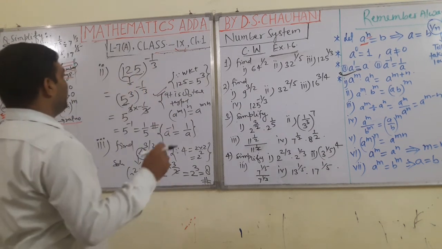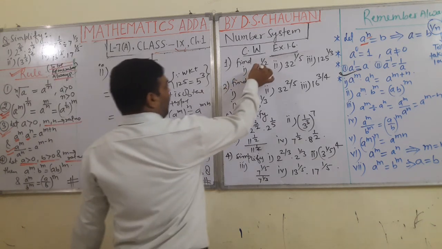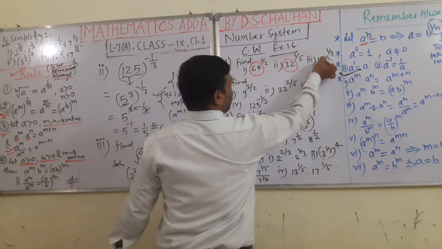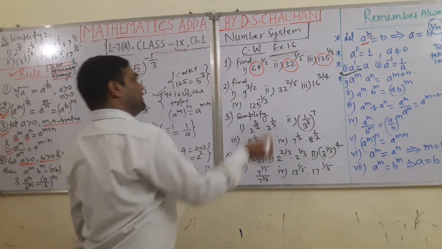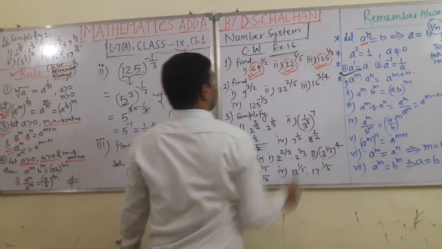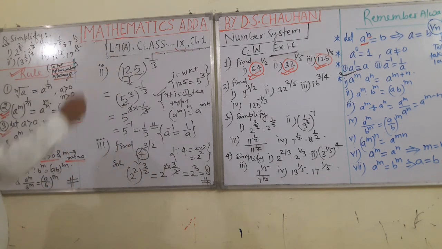But point out, whenever you are going to solve this type of problem, if you are given a composite number, firstly convert it into a product of primes and then solve. Very easily you will be able to get the answer. Now one more idea I am going to tell you to solve this type of problem.